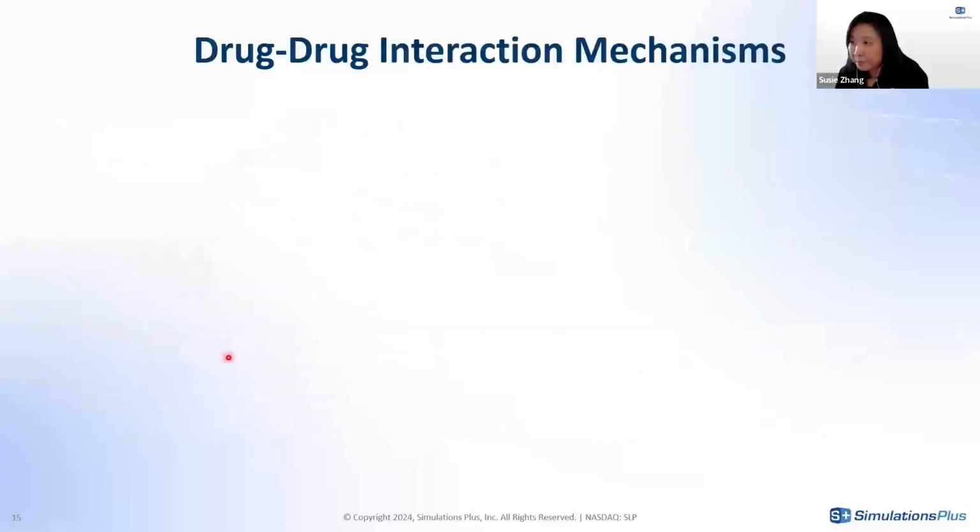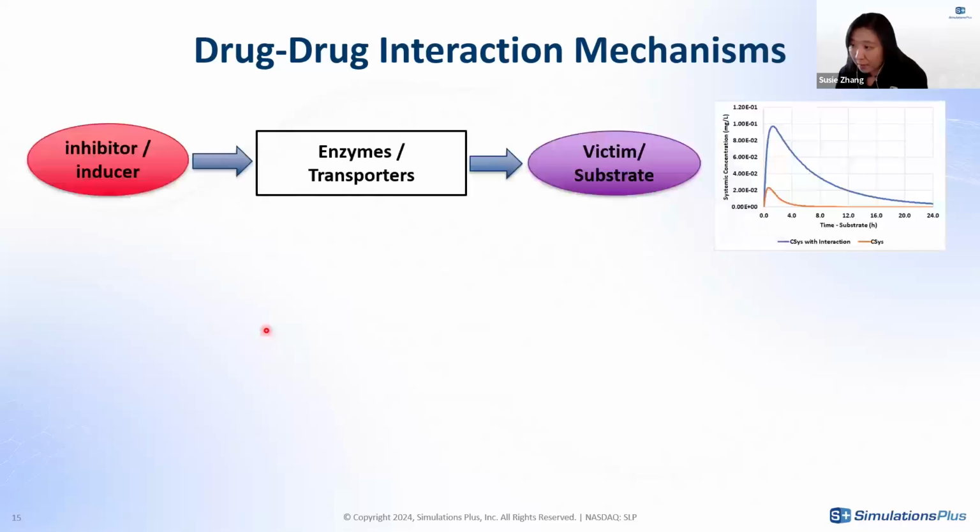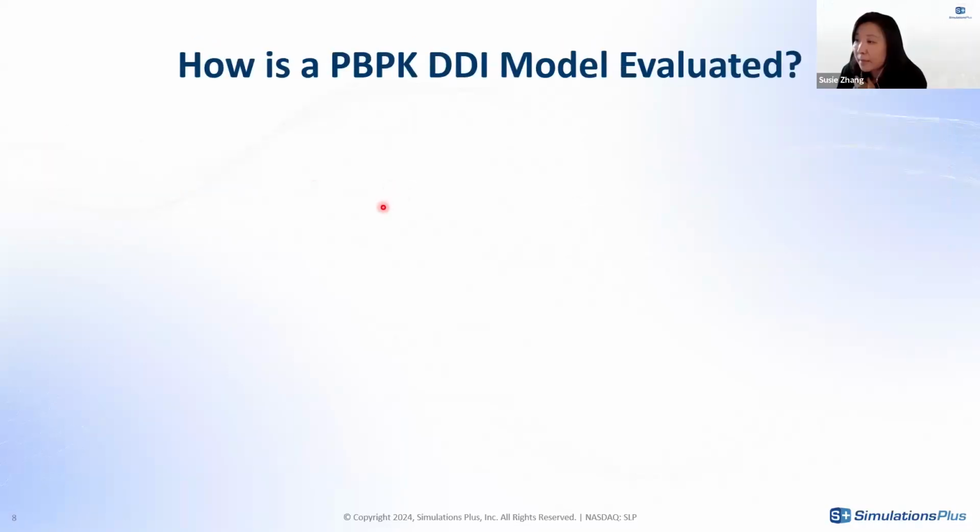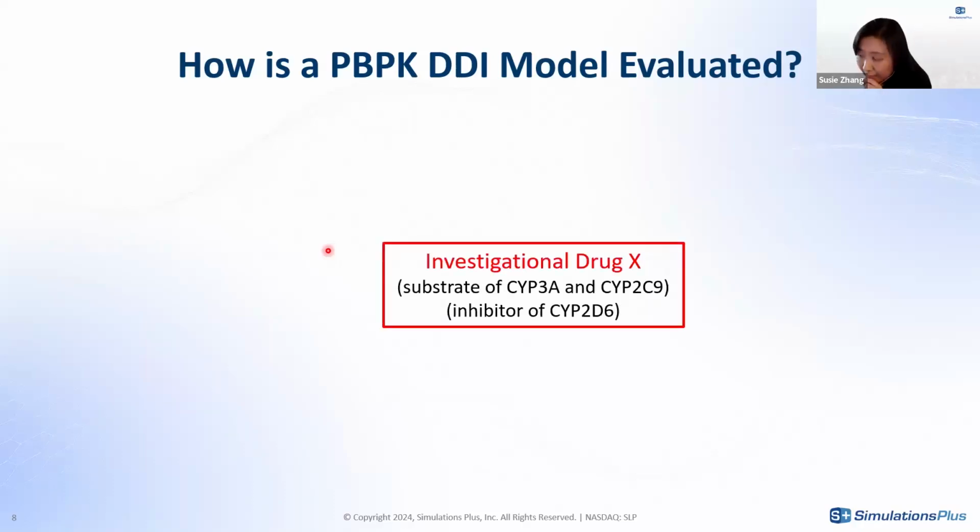I'll give you an example of how drug-drug interactions are evaluated. So, for example, we have, sorry, this is not the right slide. So how is a PBPK DDI model evaluated? For example, we have an investigational drug X, and this drug is a substrate of CYP3A and CYP2C9.